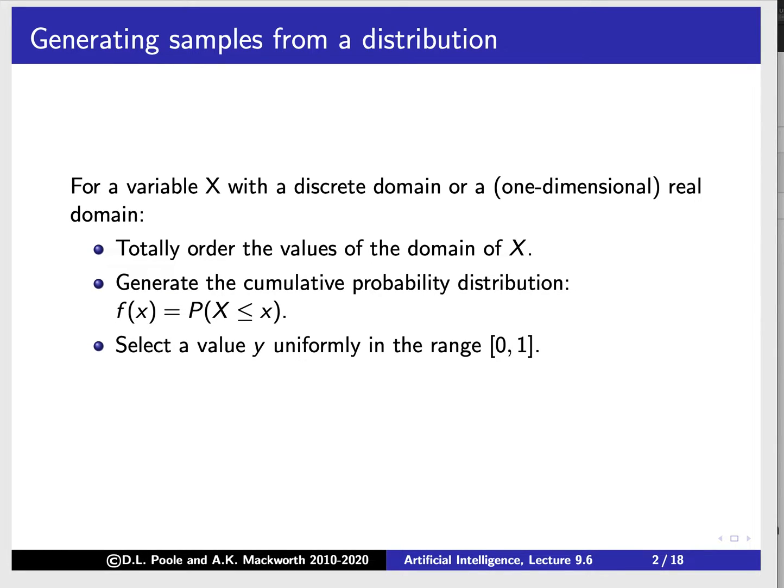Then we're going to select a variable y uniform in the range 0 to 1, just using the normal random number generator in a computer. And then we're going to select the x such that f of x equals y, and that x is going to be distributed according to this probability p.